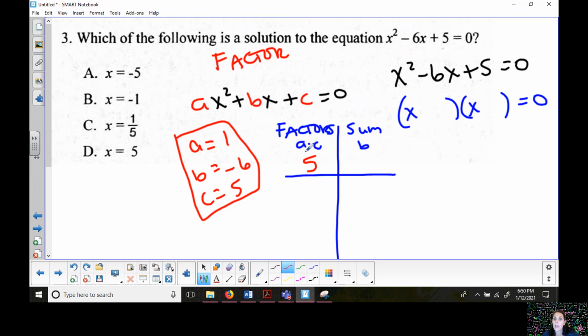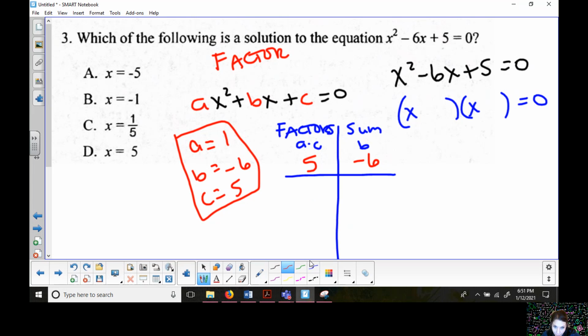Factors of a times c, in this case 5, that give us the sum of b. And of course, our b is going to be -6. So what this means is that we have two numbers that when we multiply them together, we get +5. Whatever those two numbers are, when we add them up, we need to get -6.